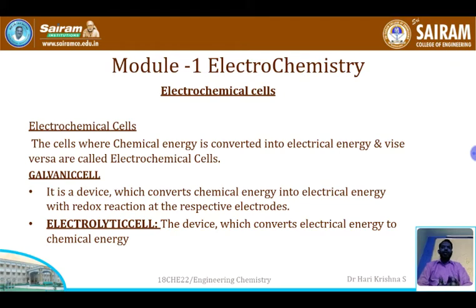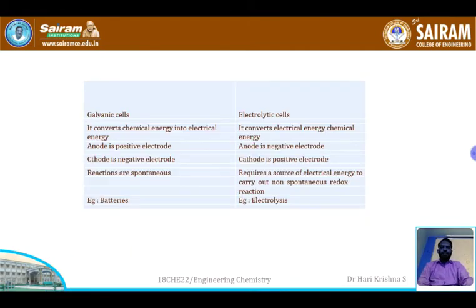Okay, so we are not going to deal much with the electrolytic cell in this module. We are going to deal with the galvanic cell. The major example of a galvanic cell is the Daniell cell. Before going in depth, let us see the differences between galvanic and electrolytic cells. A galvanic cell converts chemical energy into electrical energy, whereas an electrolytic cell converts electrical energy into chemical energy.